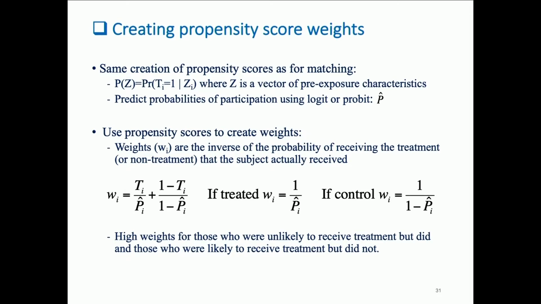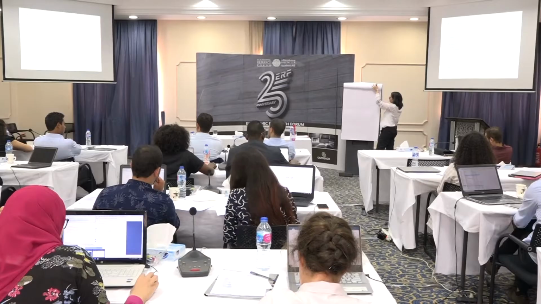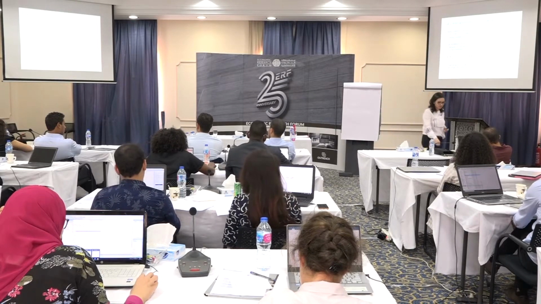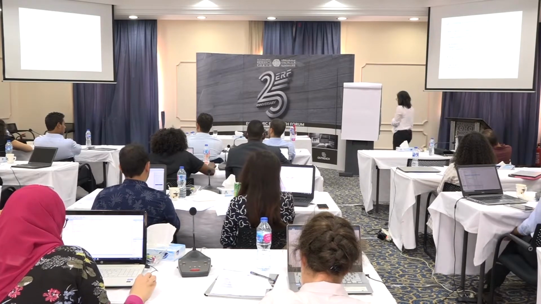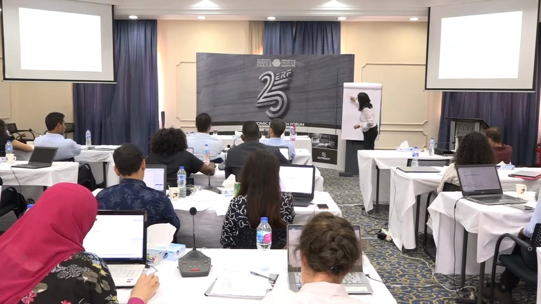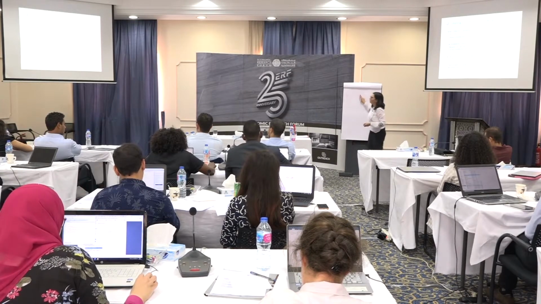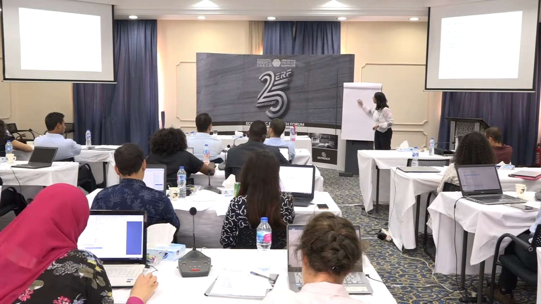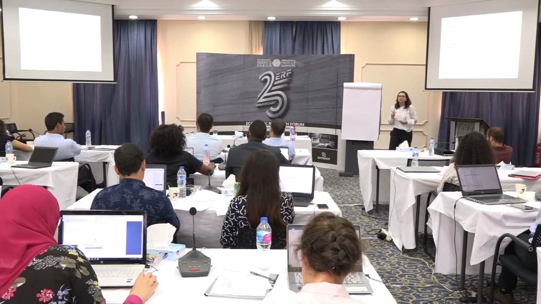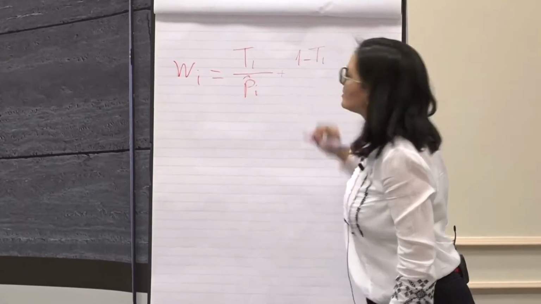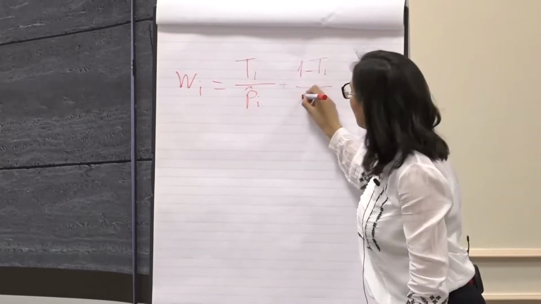We will predict the probability of participation, whatever methodology we are using, probit or logit, the p-hat, and then we will calculate this weight, which is equal to the fact of being treated or not, T_i, divided by the estimated value of our propensity score, plus 1 minus T_i, divided also by 1 minus p-hat.